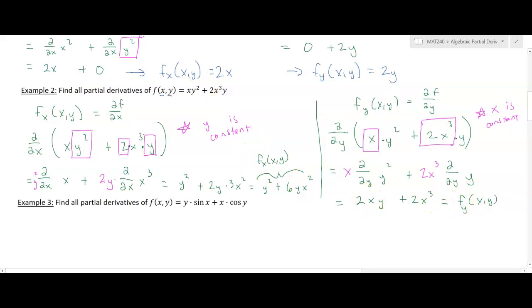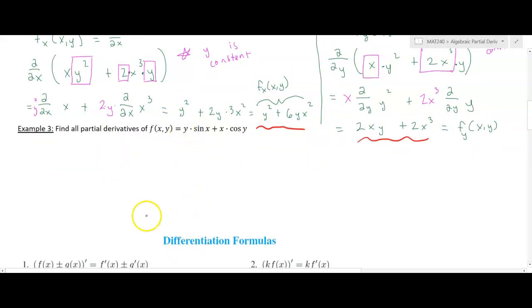And so now we have our two derivatives, our derivative with respect to x right over here, and our derivative with respect to y right over here. And that completes the partial derivatives of this function. Let's do one more before we address some of the differentiation formulas that we're used to from our previous calculus course.